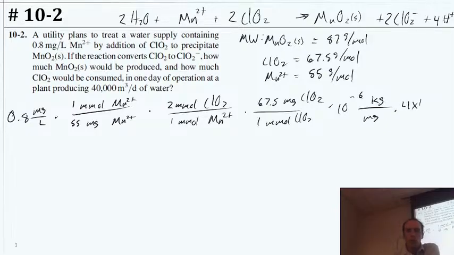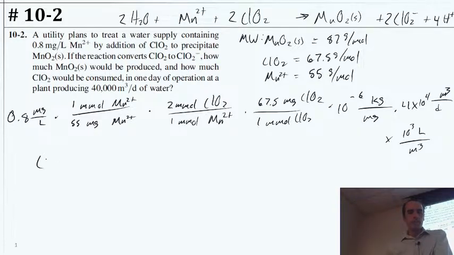This would be 4 times 10 to the 4th cubic meters per day, and also multiplied by our conversion from liters to cubic meters, so 10 to the 3rd liters per cubic meter. We do all of that, and our units should come out and give us kilograms per day of chlorine dioxide. This would be 78.5 kilograms per day of chlorine dioxide.